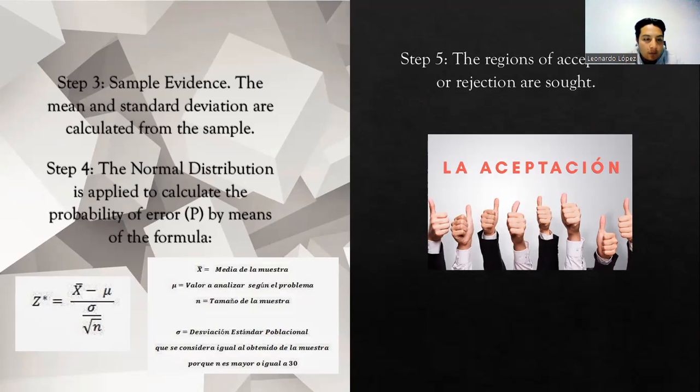We use probability by means of the formula. We use the picture on my left, and it means the mean, the value to analyze, and the sample size, as well as the standard deviation.